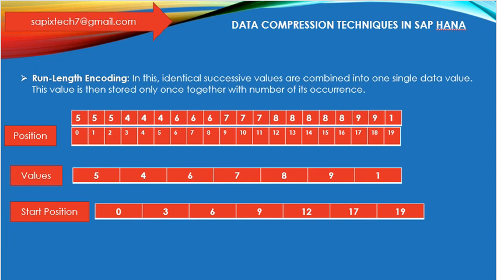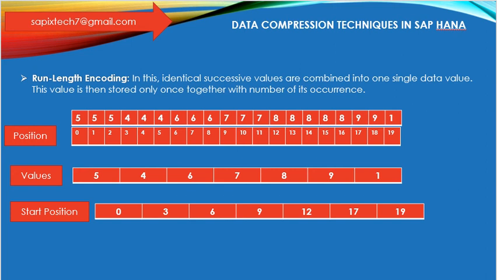So now we have seen all the compression techniques, which are prefix encoding, sparse encoding, cluster encoding, indirect encoding, run length encoding, and dictionary encoding. And dictionary encoding, we know, is the default encoding process in SAP HANA. So based on the cases, internally the database uses these compression techniques. Prefix encoding, for example, for a very frequent value at the beginning of the attribute vector, then it selects prefix encoding.